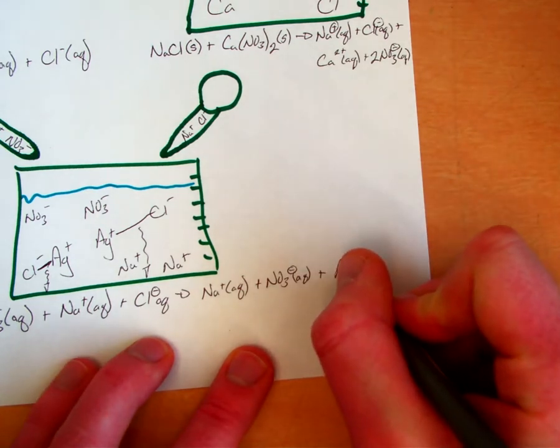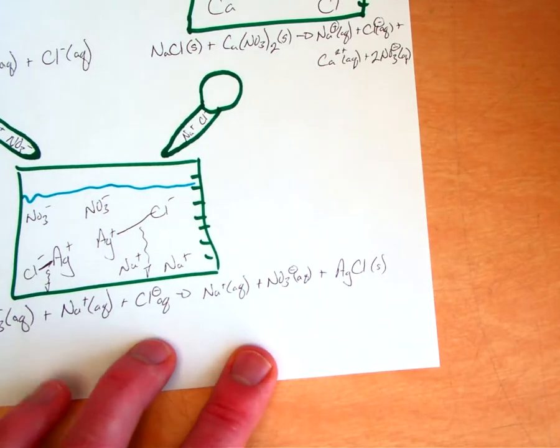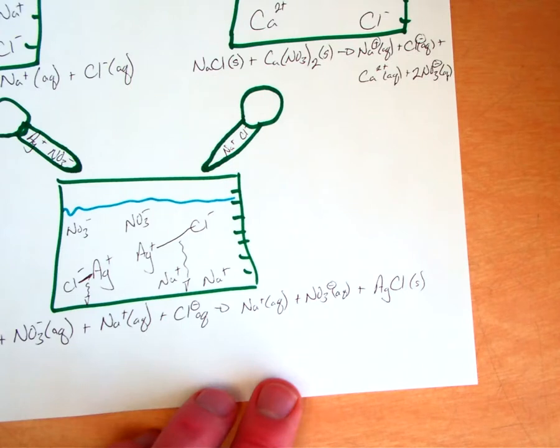It can be represented as AgCl as a solid, or you can indicate that it's a PPT for precipitate.